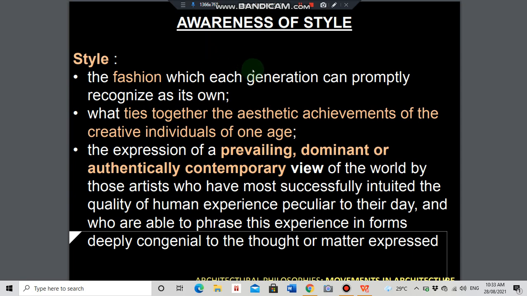Next is the awareness of style. First, the fashion which each generation can promptly recognize as its own.